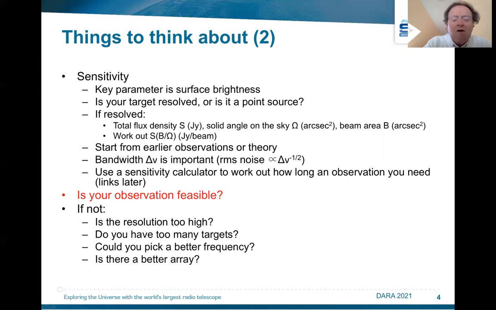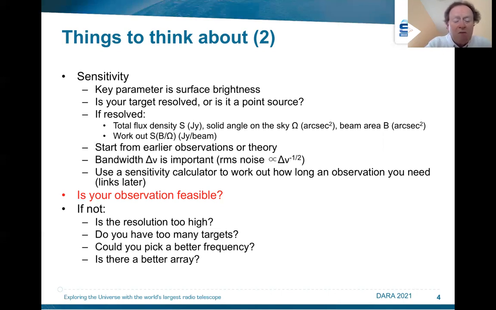If it doesn't work, then you may need to think about what you need to compromise. You may have picked too high a resolution, so the surface brightness has become very low and the integration time has gone up. You might have tried to observe too many targets in a statistical sample. You might have picked a bad frequency.